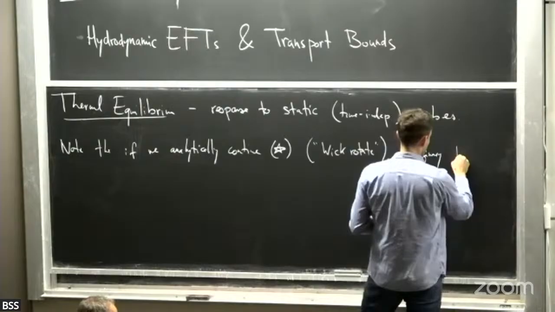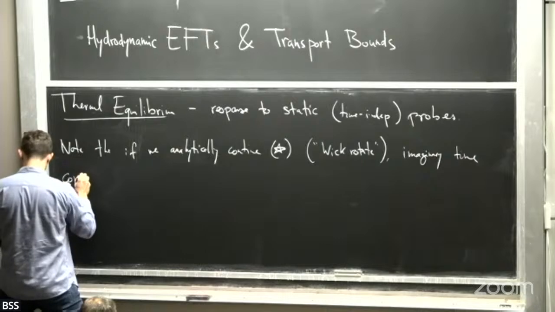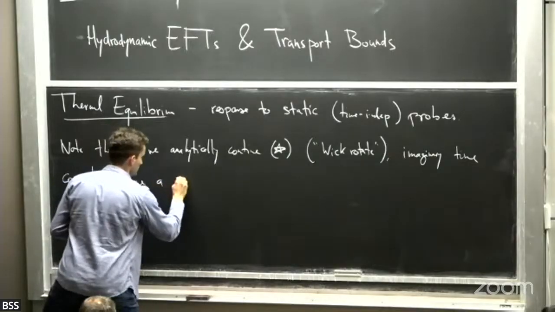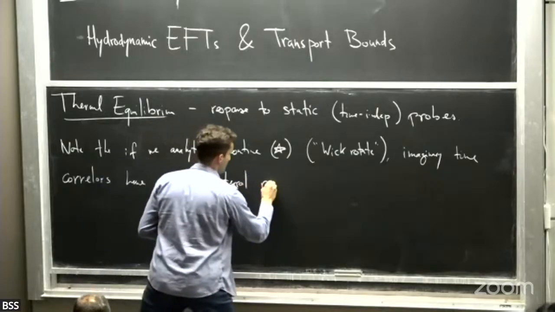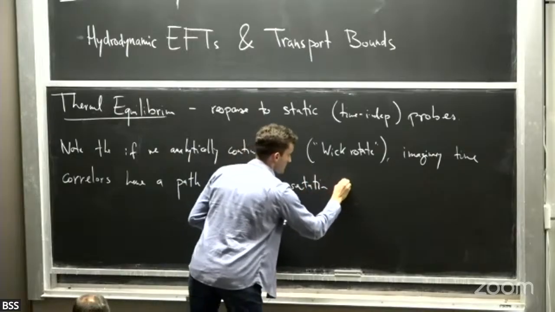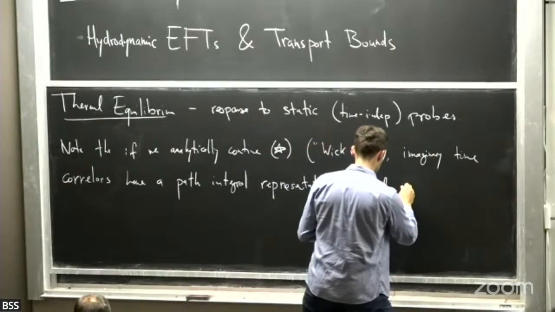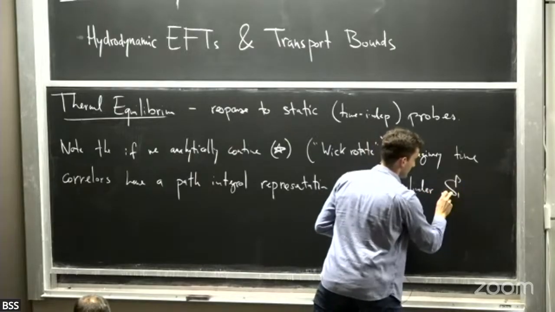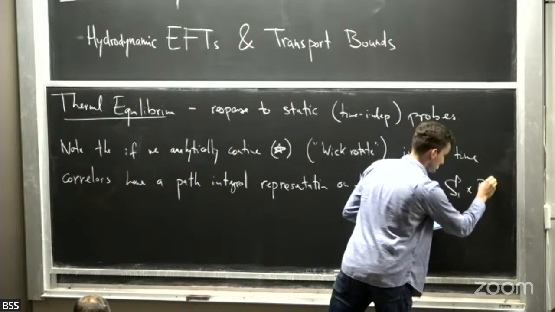then imaginary time correlation functions have a nice path integral representation on what's called a thermal cylinder, where time becomes a circle of length beta, and then your space is whatever it was. I'll be in the continuum just for simplicity, but that's not too important.